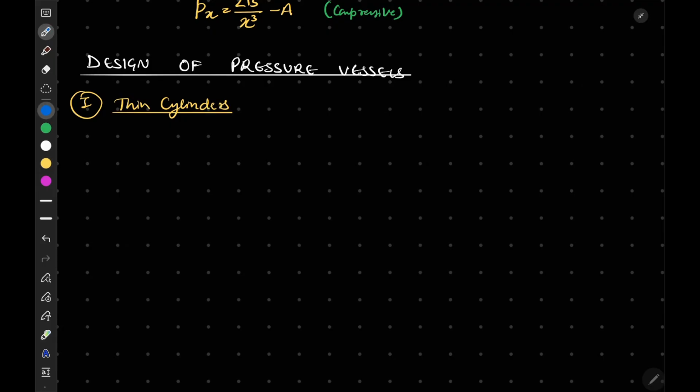Let's say in a question it is asked what is the minimum thickness required to withstand the given fluid pressure. We know that sigma permissible is written as yield stress sigma y upon factor of safety. For thin cylinders, sigma h is greater than sigma L.